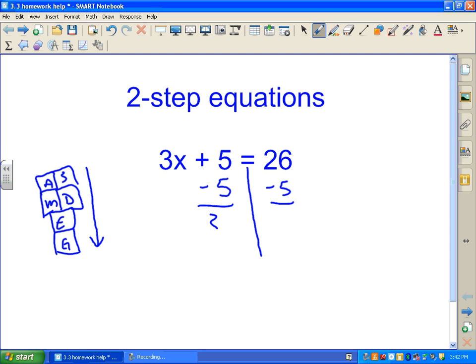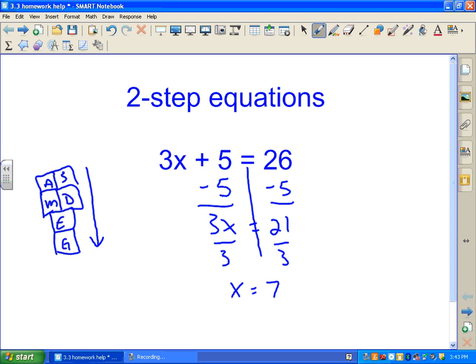That leaves me with 3x. 26 minus 5 is 21. Now I have multiplying to get rid of, so I'm going to do the opposite, which is divide. I'll divide both sides by 3. On the left side, I get x, and on the right side, 21 divided by 3 is 7.